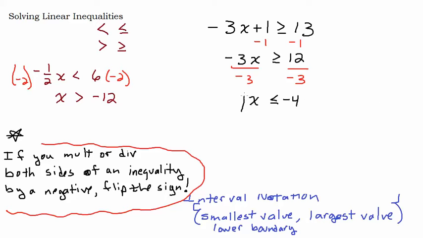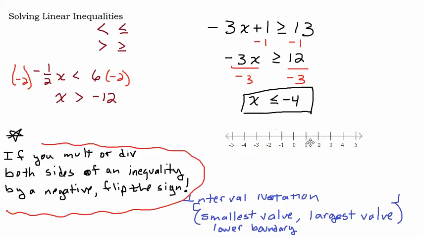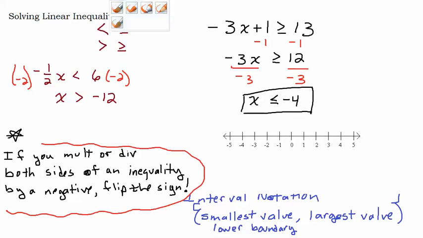Okay, so there's my solution. X is less than or equal to negative 4. What would that look like on a number line if I needed to graph it? Less than negative 4 is going to be down here. Less than or equal to, I'm going to use the closed circle or the bracket. What should we use? Let's use the closed circle. I kind of like the closed circle. It's kind of tidy.